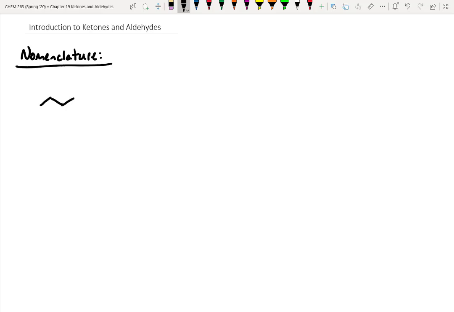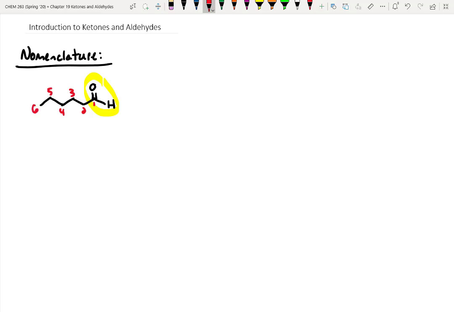And just like with any organic molecule, the first thing you always want to do is identify the longest carbon backbone containing your functional group. In this case, the functional group that I'm referring to in the molecule is going to be this aldehyde, and the longest carbon backbone that contains that aldehyde would be 1, 2, 3, 4, 5, 6.